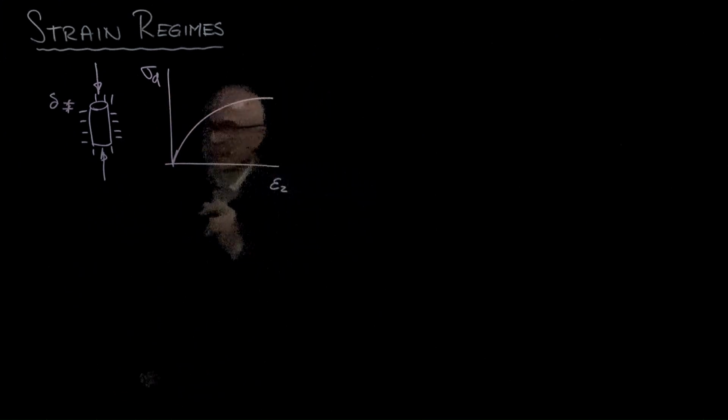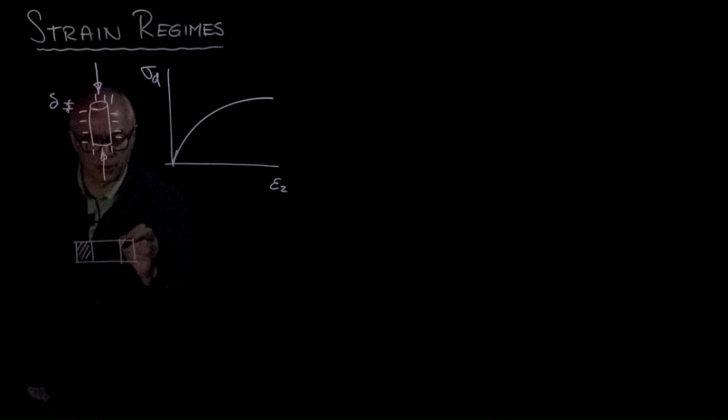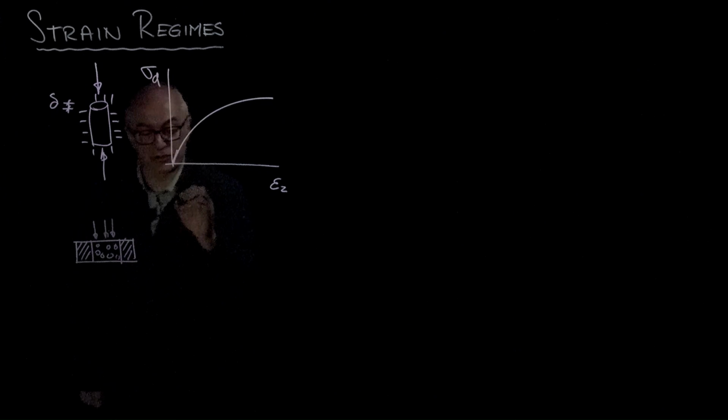Now, what about if we take an oedometer with a very thick rigid wall, so we impose zero lateral strain conditions on the soil mass, and we plot the vertical stress with respect to the vertical strain?